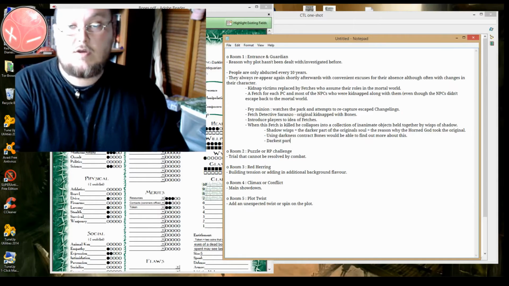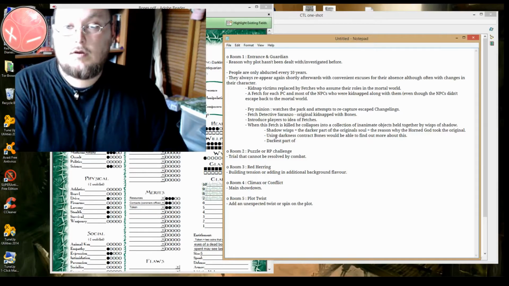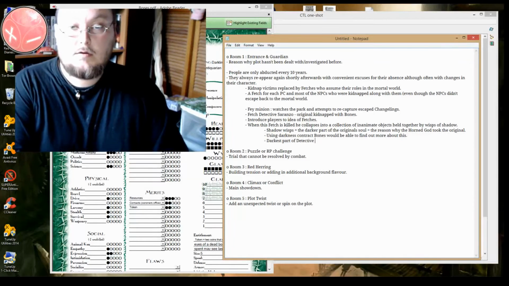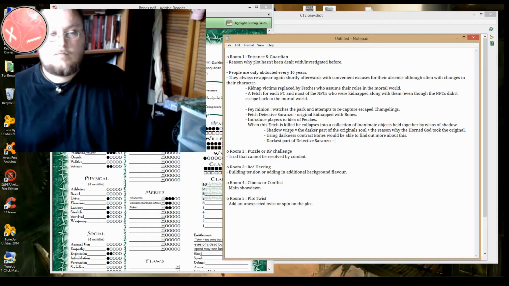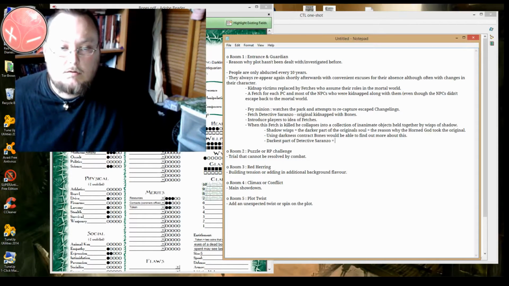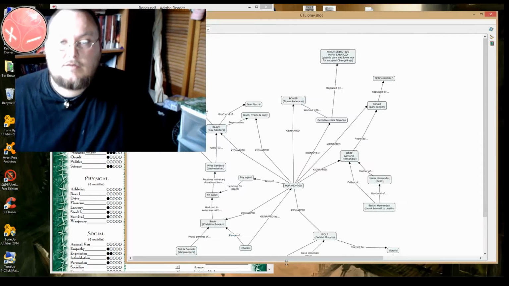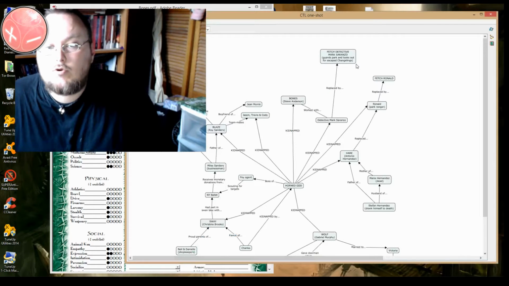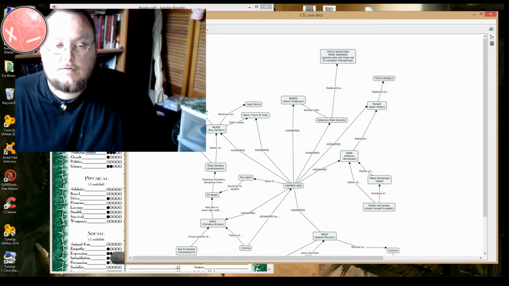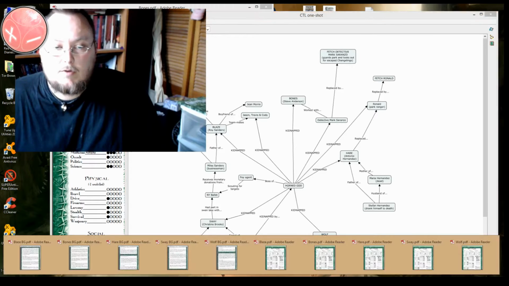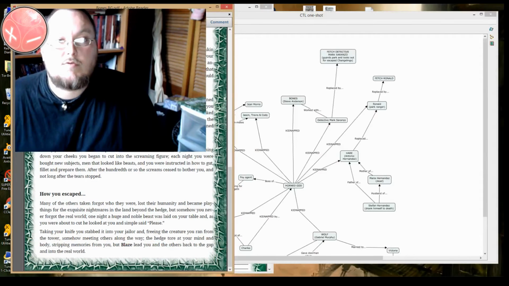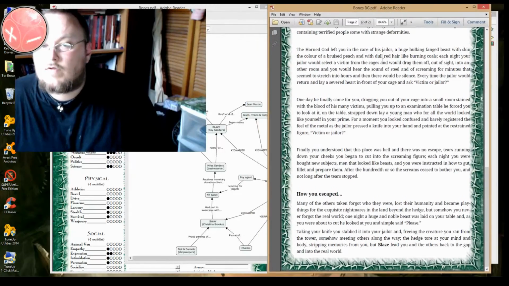And the darkest part of Detective Saranzo will be, if we have a quick look back at the relationship chart and the background for Bones, which mentions the detective. I'll move that over there so you can see it.